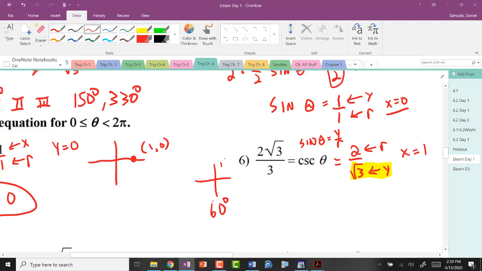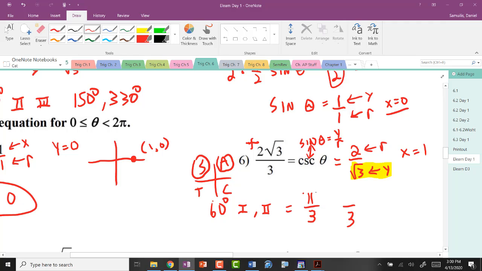The next thing is ASTC. Where are sine and cosecant positive? And the answer is quadrants 1 and 2. So I have a 60 in quadrant 1, and I have a 60 in quadrant 2. 60s in radians are pi over, anyone? 3s.